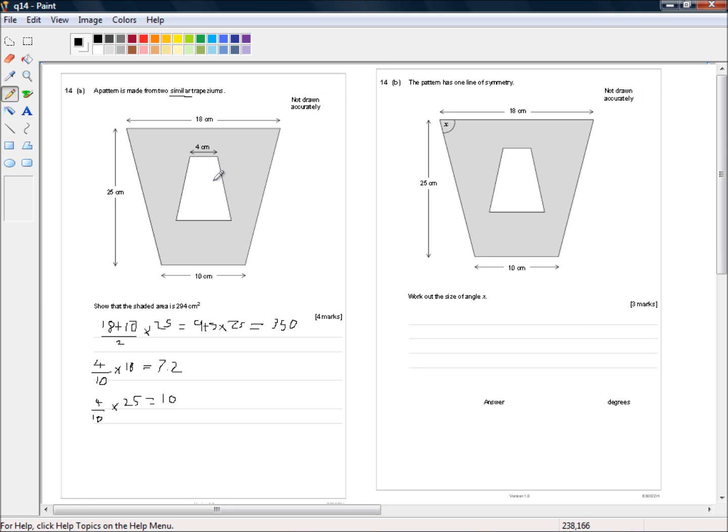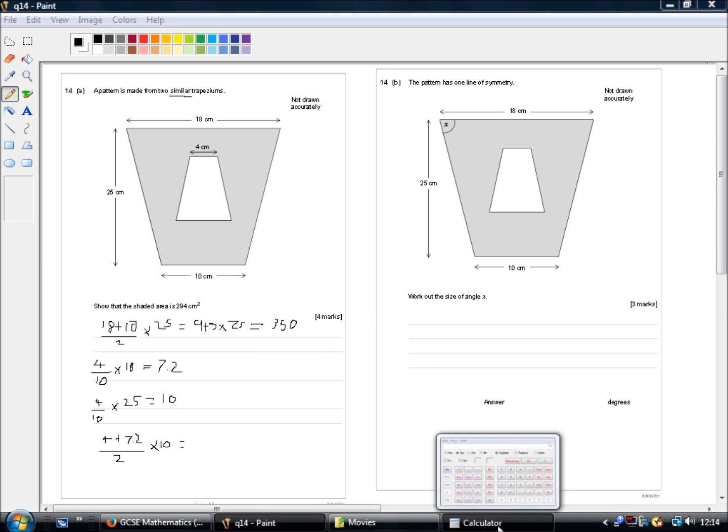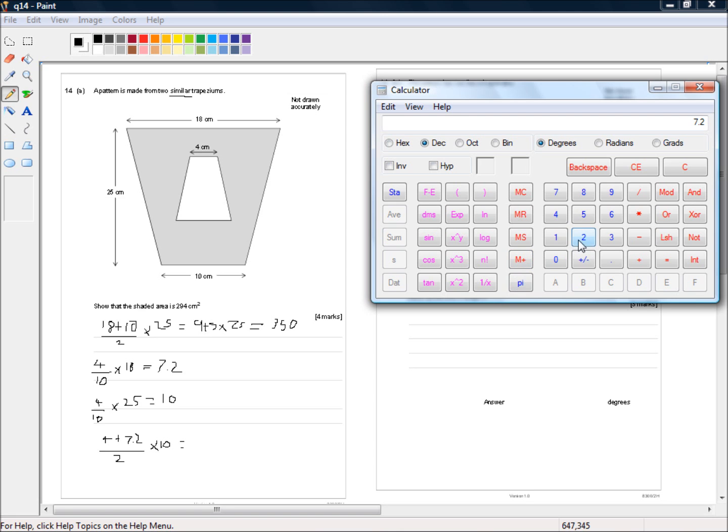So we now have the area of the small shape is 4 plus 7.2 over 2 times 10, which is equal to 4 plus 7.2, divided by 2, times 10, is going to be 56.